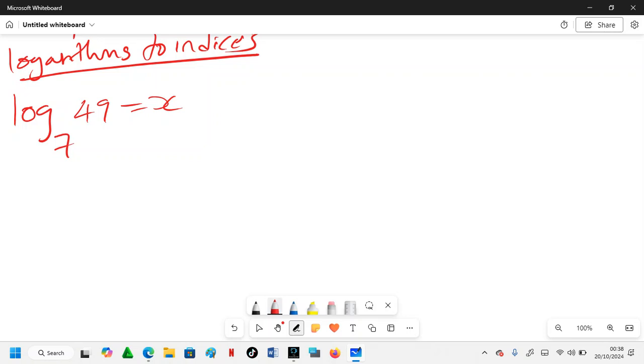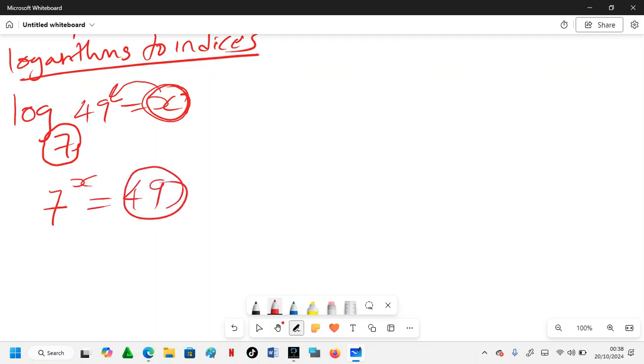The base to this power is supposed to give us 49. The power is always the answer, and we can write 49 in terms of 7. We know that 49 is 7 times 7.